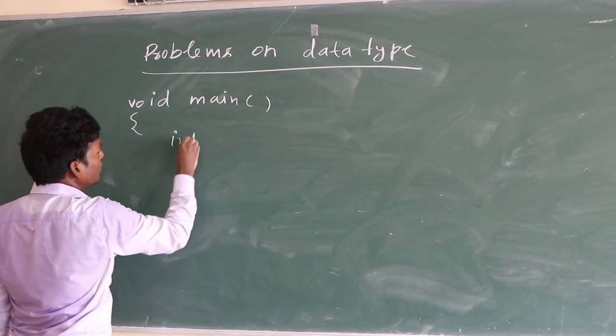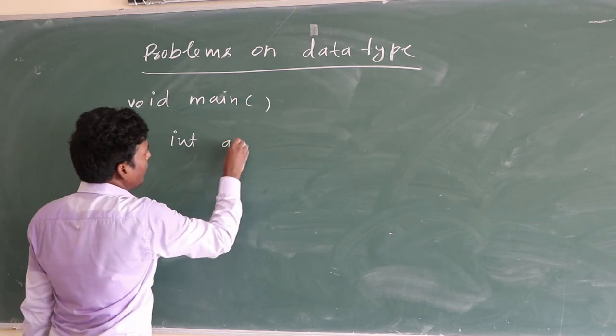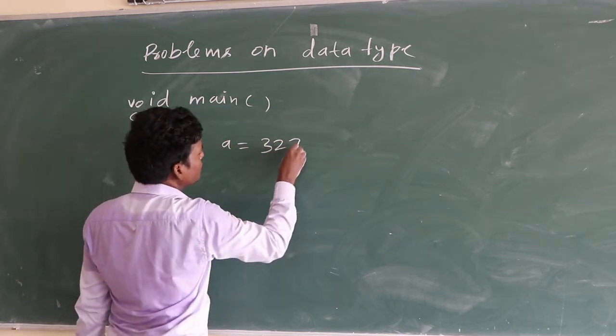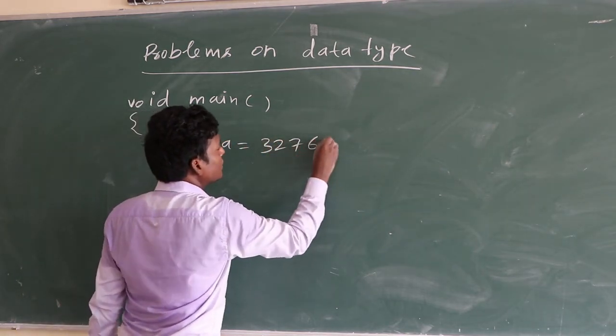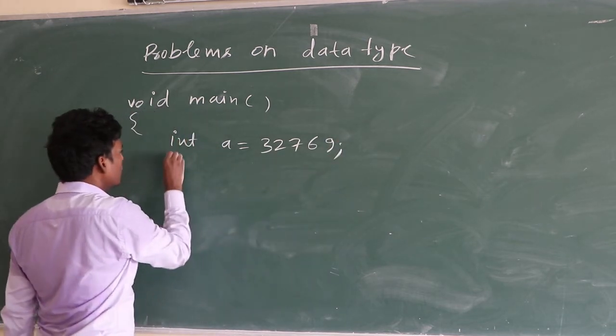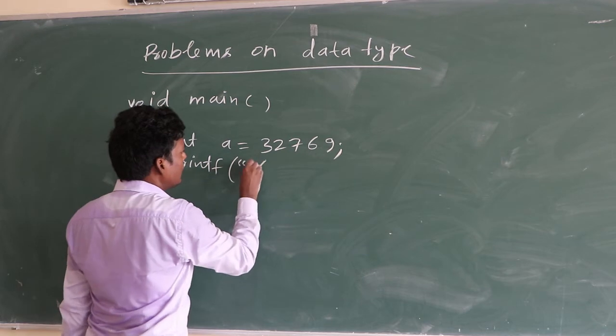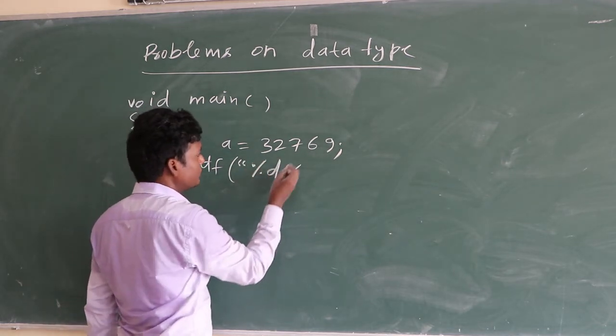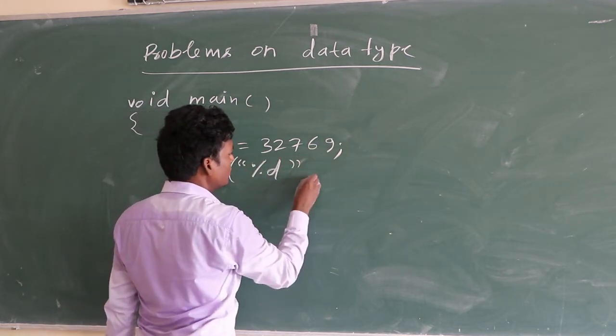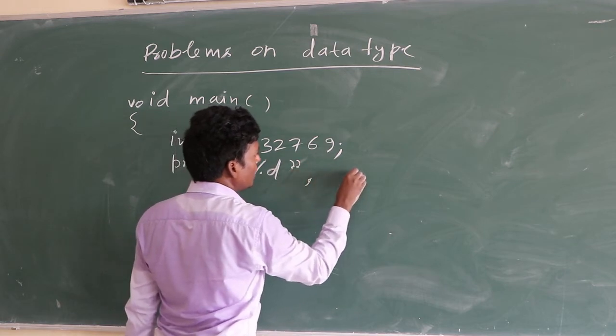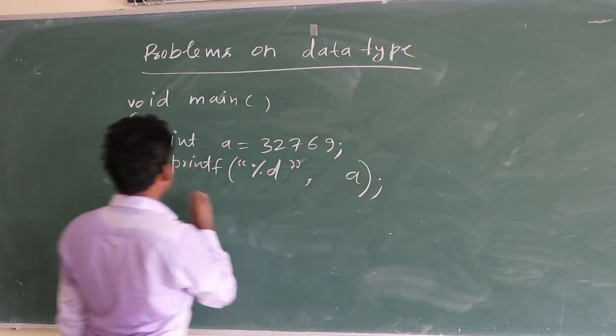Int a equal to 32769. Suppose printf %d and you print a.